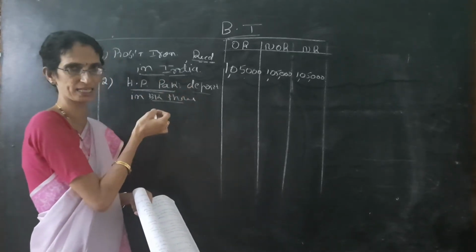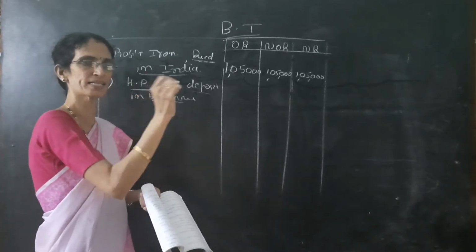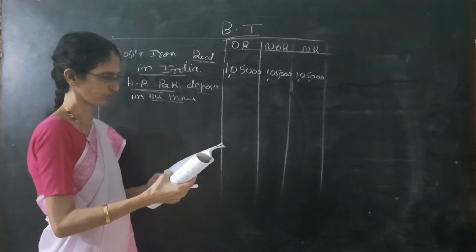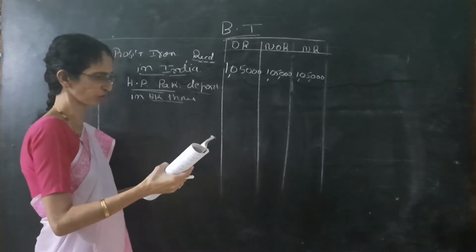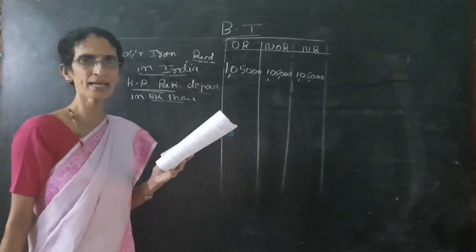That means foreign country. If it is any foreign income, first column yes, next two columns dash. It is given income from house property in Pakistan, that is a foreign country, deposited in a bank there.